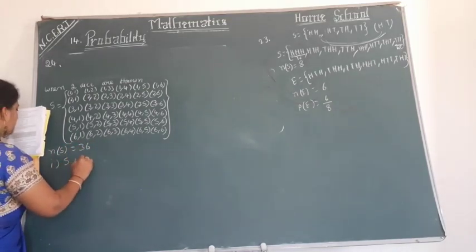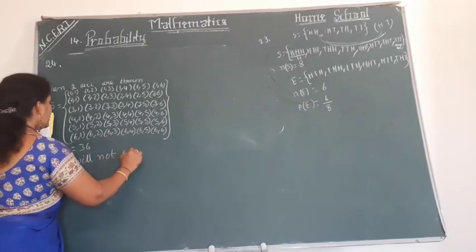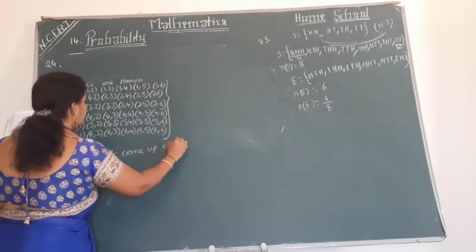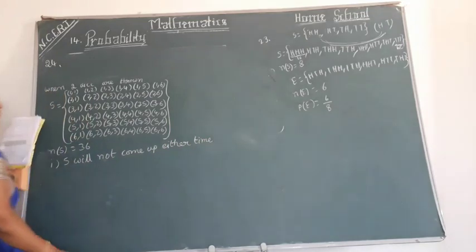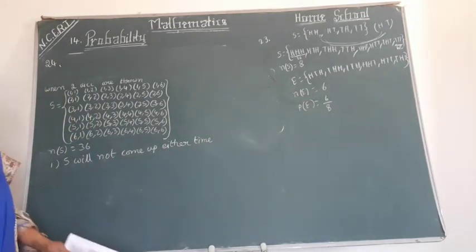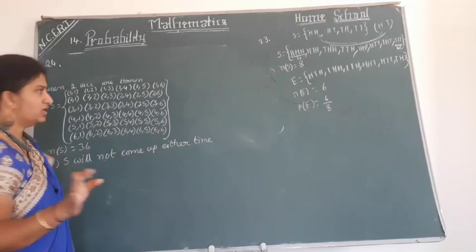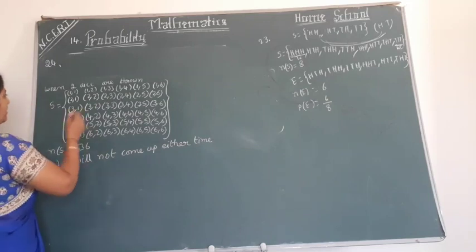First question. 5 will not come up either time. This you can do by 2-3 methods. 5 never comes any time. So here, how many times does it come? Let's check first. Where is that?